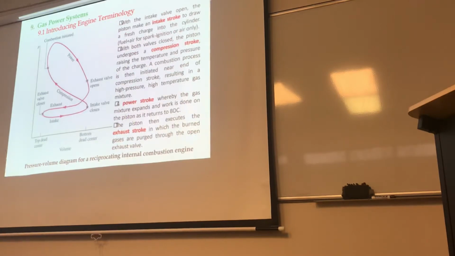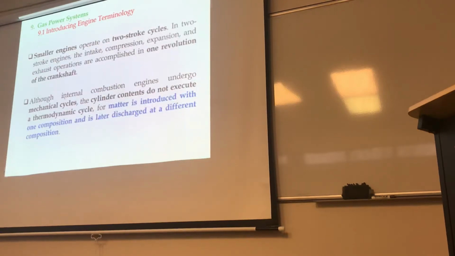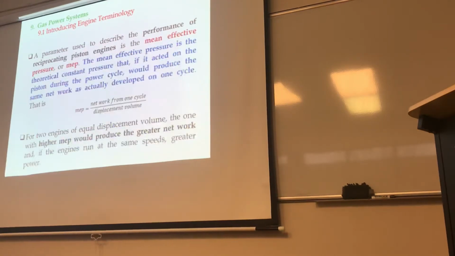And then we talked about the actual PV diagram of such a cycle, which looks really complicated. Because the pressure goes all over the map, how can we talk about a pressure that can make sense?